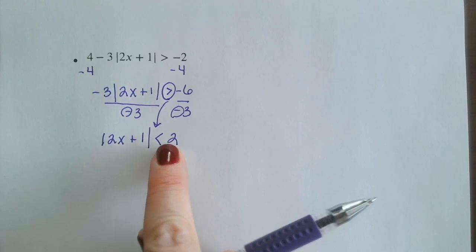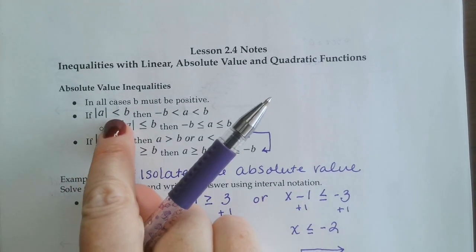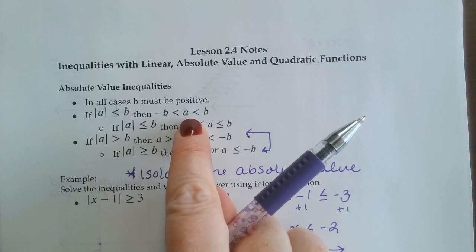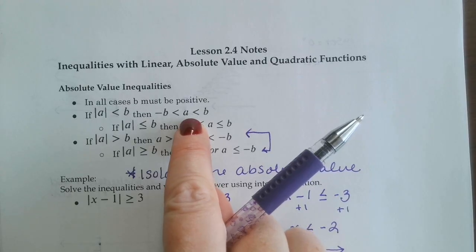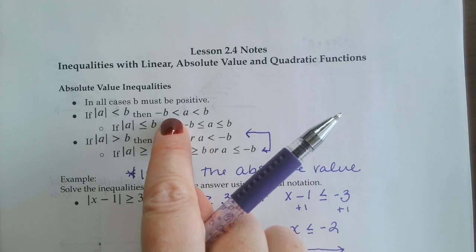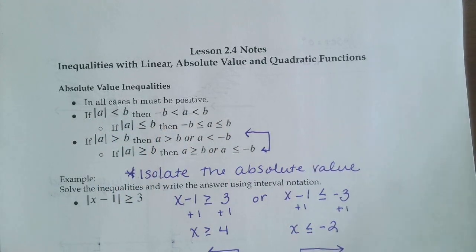Now that I have less than, we can use this situation where my argument is in the middle. So my argument is greater than the negative version of our b and less than the positive version.